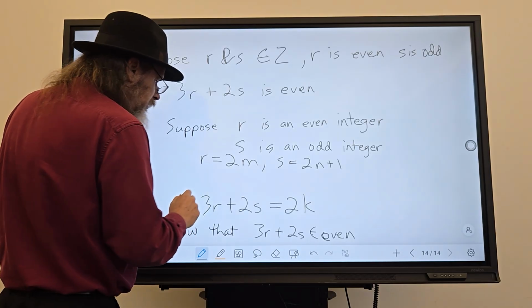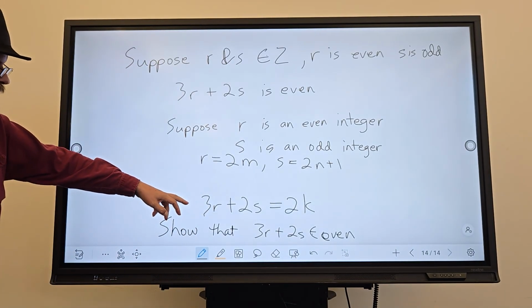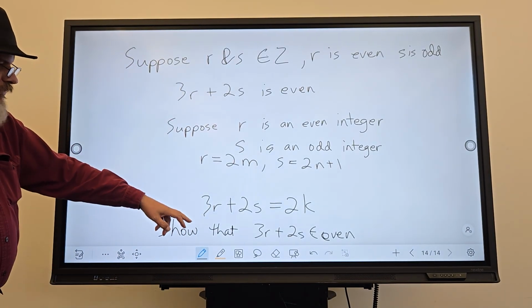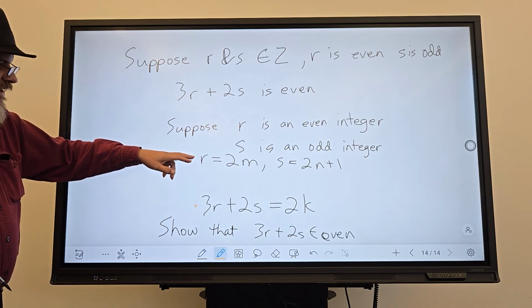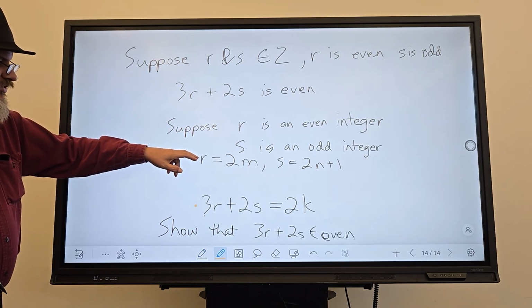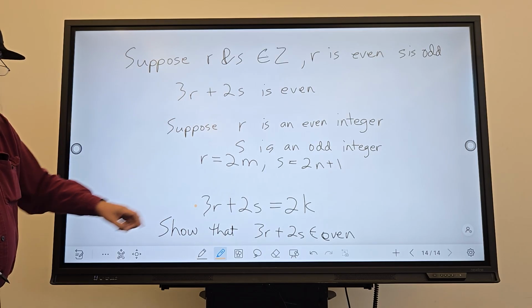Substitute, and this might give you a clue about how to proceed. Stepping back to this can give you an idea of how to proceed from here to here.